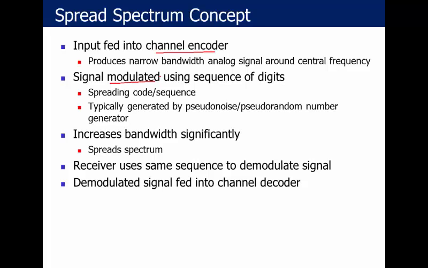So when the signals and data are modulated, pseudo noise or pseudo random numbers are used. They are very similar: pseudo noise and pseudo random number. How can we generate the pseudo noise and pseudo random numbers? That is the key issue of this, right?